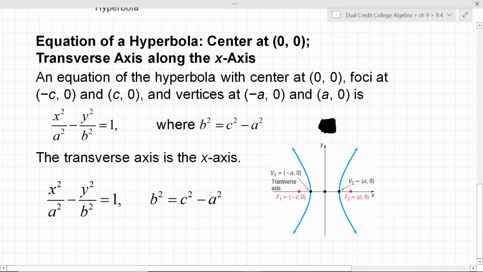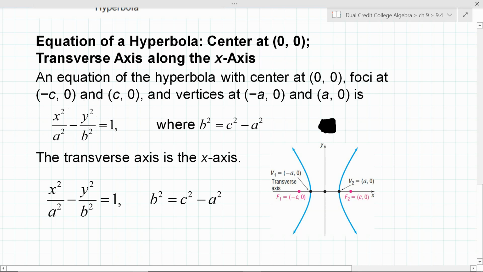Now, this will be a hyperbola that's opening left or right. And an easy way to remember that is that, do you notice that the x stuff here is the term that is positive, and the y stuff here is the term that's negative? So whichever one is the positive is the way it opens.